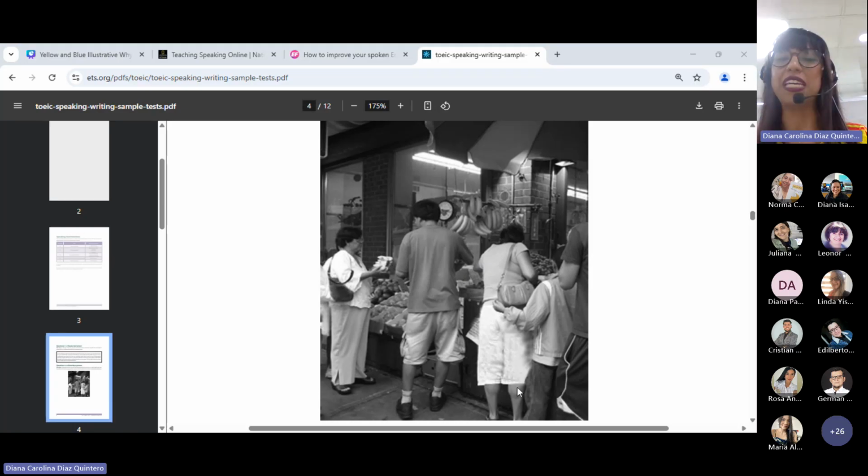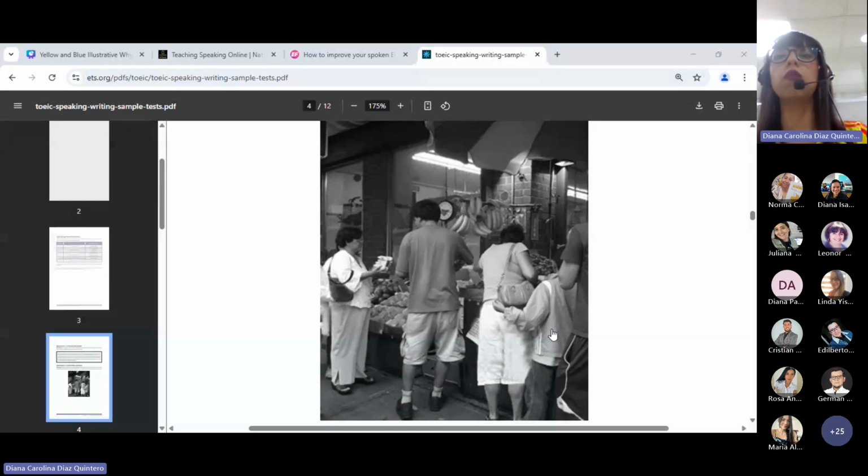Is it clear, dear colleagues? Is it clear for you, the instruction about preparing a description of this picture? Okay, very good. So we're going to have a minute and a half to prepare the description. Then I would like 2 or 3 teachers to describe the picture in a minute and a half.